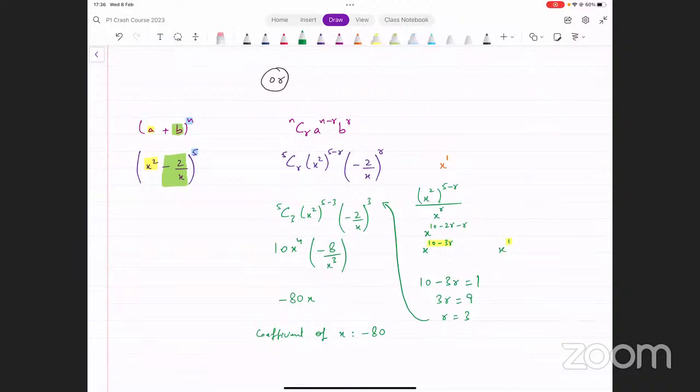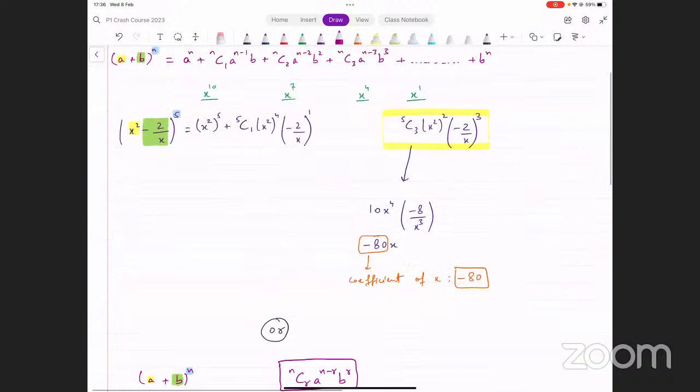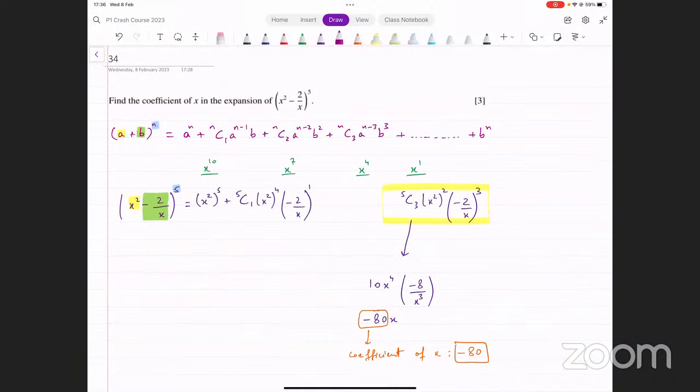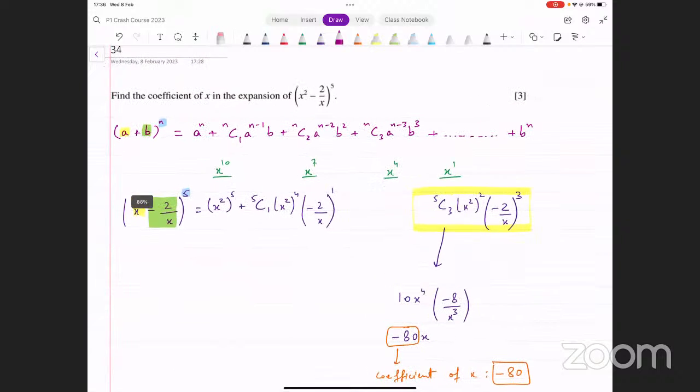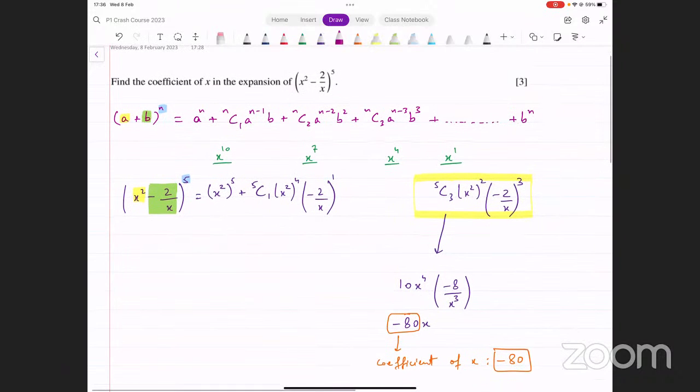All right, so you can use both of these methods, any one of them that you prefer. As I said, if you were to use this one, you'll have to remember this formula. You have to memorize this formula, the general term formula, and then you can use it, and that's perfectly okay. But I find the first one much quicker in that you just have to expand it like using the normal formula.